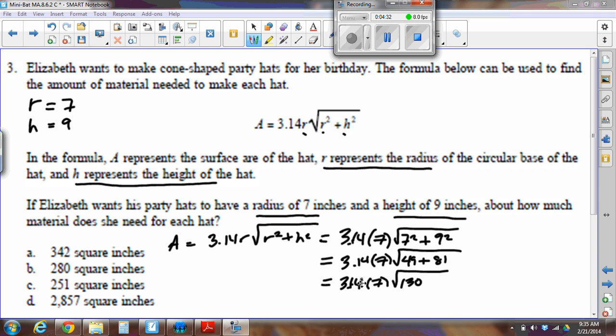So our next task is to go ahead and take the radical. So 3.14 times 7, radical 130 is going to be 11.14. And we can now do all this math at one time. And so when you go straight across, 3.14 times 7 is 21.98, times 11.14 gives you 250.61. So your answer would then be C.